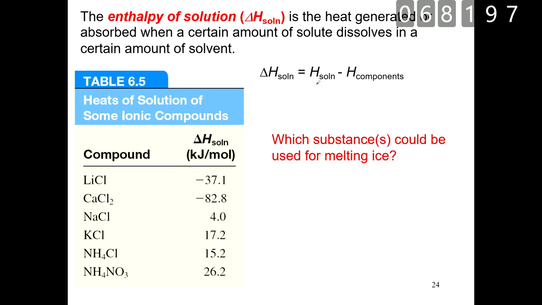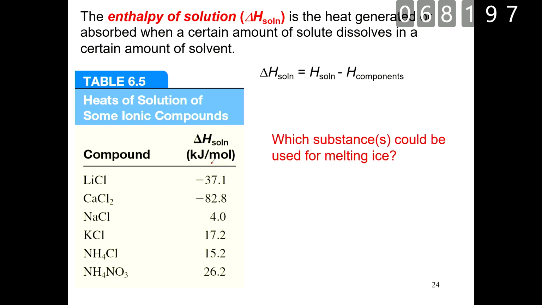So this is why some substances release energy, but some substances absorb energy when they dissolve in solvent. For example, this is the enthalpy of solution for different compounds. The first two are negative, and the others are positive.